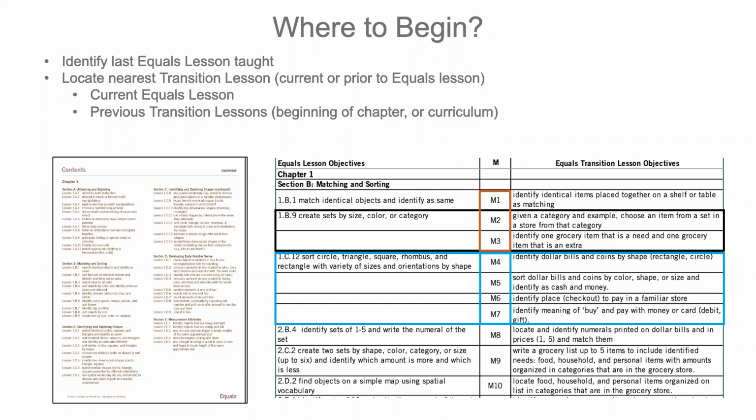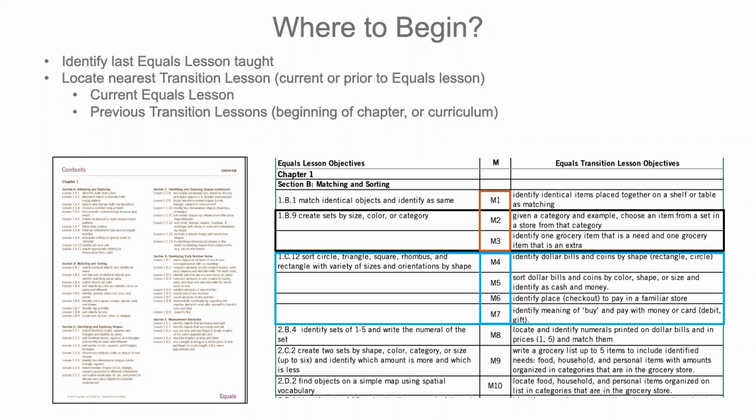You can see that the next equals lesson after 1C12 that has an associated equals transition lesson is 2B4. This means that I must teach all of the remaining lessons in chapter 1, 2A, plus 2B1 through 2B4 before I can move on to the transition lesson M8.